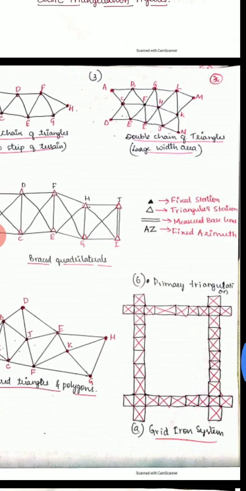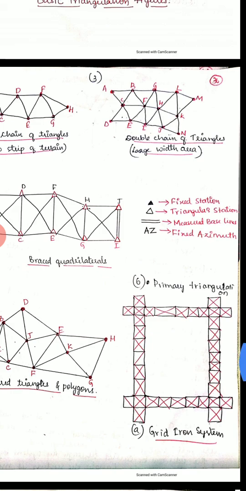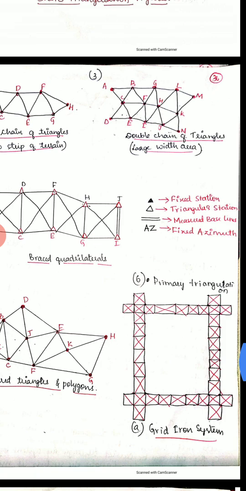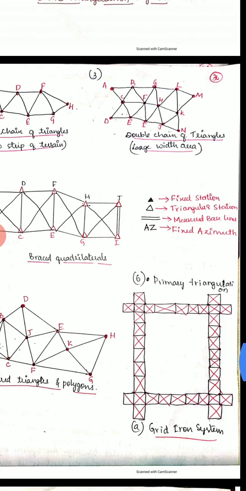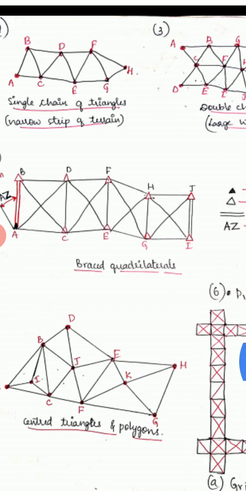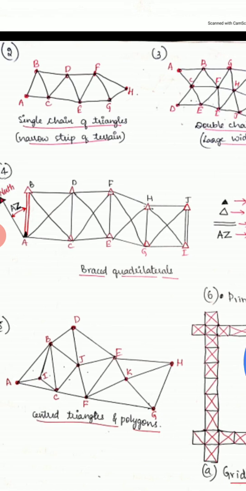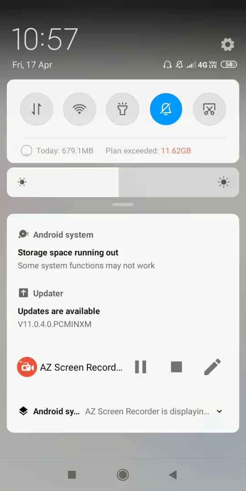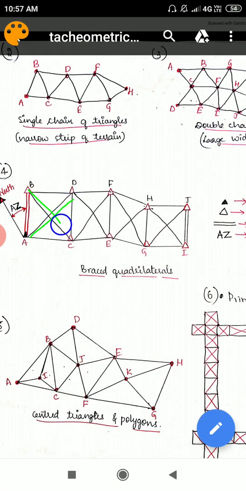quadrilaterals. Okay, see here. The filled triangle is nothing but the fixed station, and the empty triangle is the triangular station, and the double line is the measured baseline. AZ is the fixed azimuth. So here, in these cases, the quadrilateral with the four corner stations and observed diagonals forms four quadrants, and in these cases covers triangles.